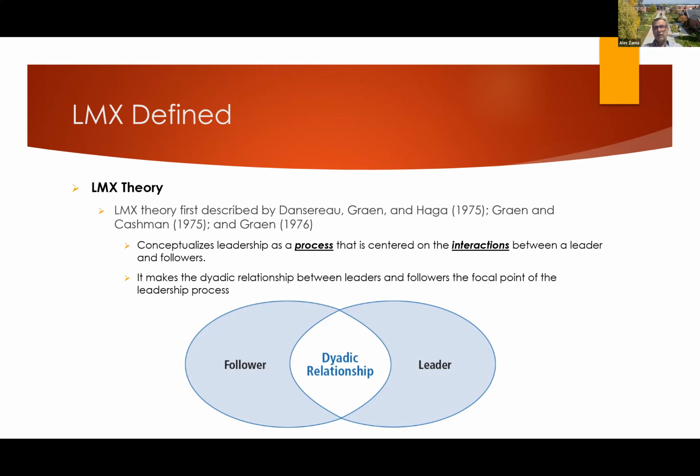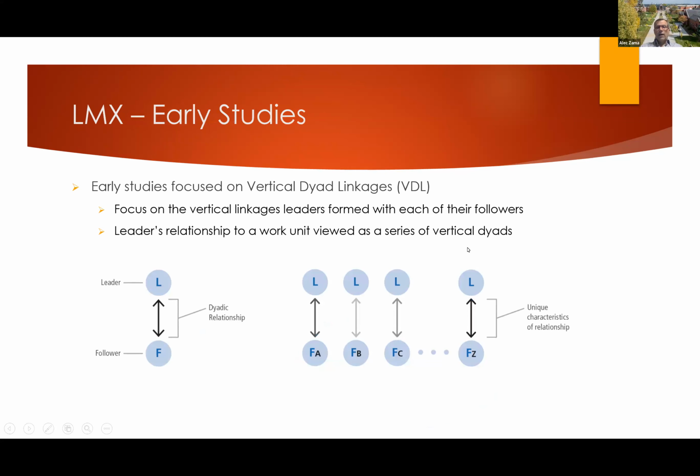And thus, this theory belongs to the relational group of leadership theories or approaches, along with the authentic, servant, and transformational leadership approaches. This theory makes the dyadic relationship between leaders and followers the focal point of the leadership process. The early studies were very descriptive.